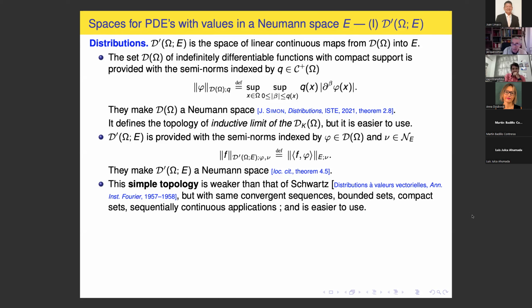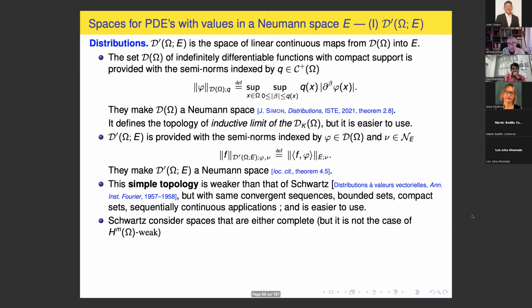But it is easier to use, and it is more general because it uses a weak topology that is larger than a strong one. And so if we want to include it in a lot of things, it is better to use this topology.